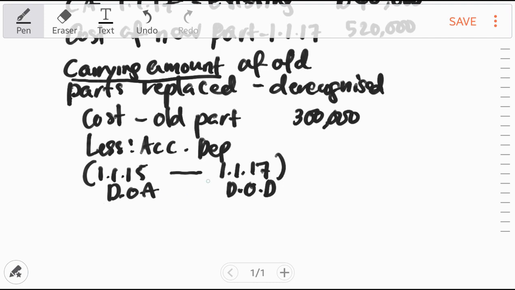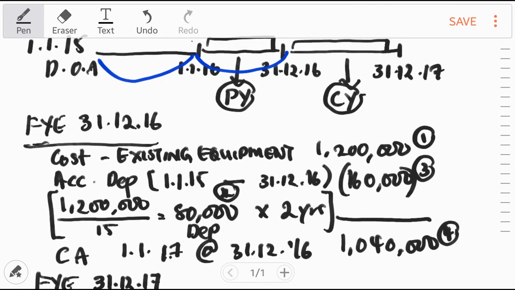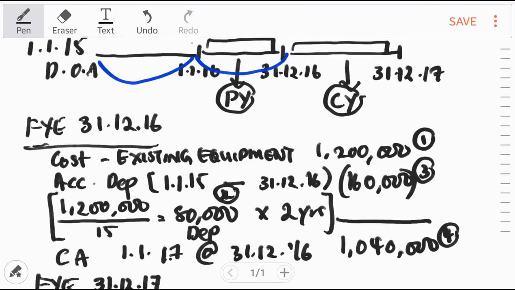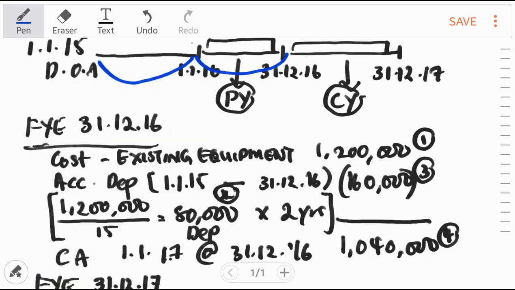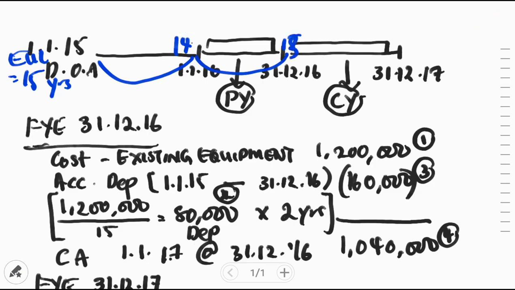So if that is the case, earlier on we knew that the expected useful life here is 15 years. So means here it would be 14, and here it would be 13.